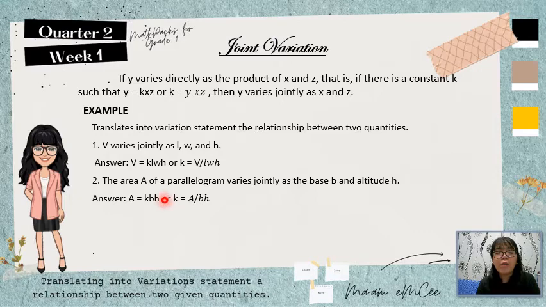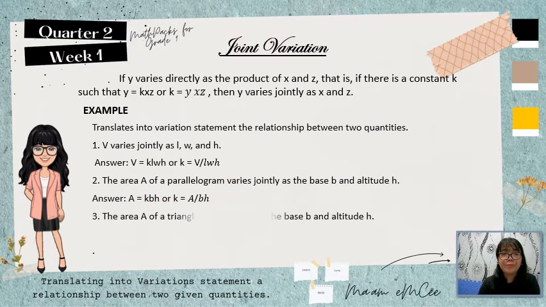This is the equation of our variation. And this one is just the equation for our constant of variation. If you want to get the value of k, the constant of variation, then A divided by bh. So it's just our first variable divided by the product of our second and third variables.